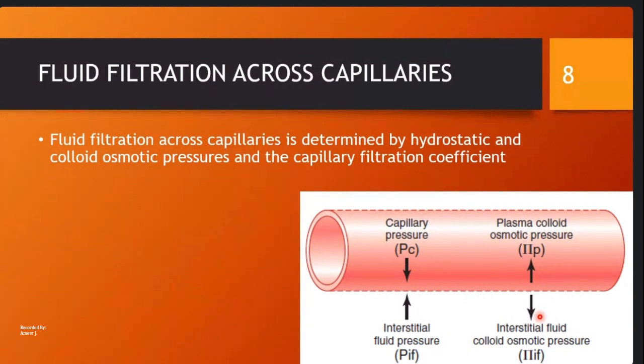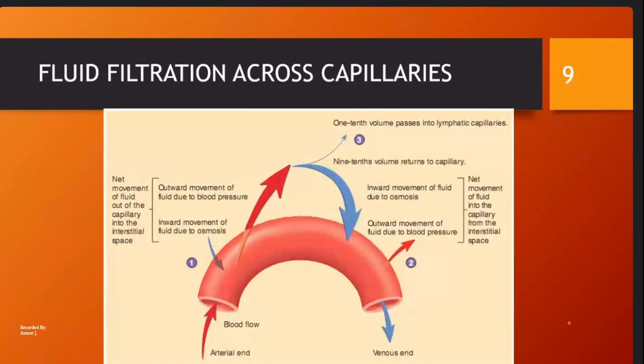In fact, from these four factors, three of them tend to send the blood out from the capillaries, and one tends to absorb the water from the interstitium into the capillaries. And in normal situation, we have a net balance between these factors. And I will talk about this a little more.